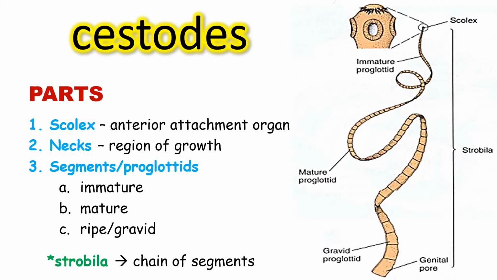Always remember that your cestodes are morphologically divided into three parts: the scolex or the head, the neck, and the segments known as the proglottids. The scolex is the organ of attachment to the intestinal mucosa of the definitive host.